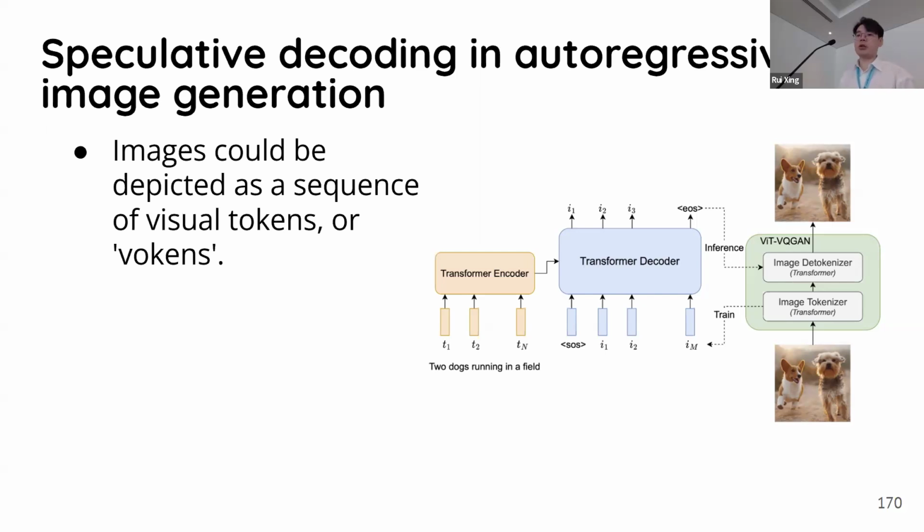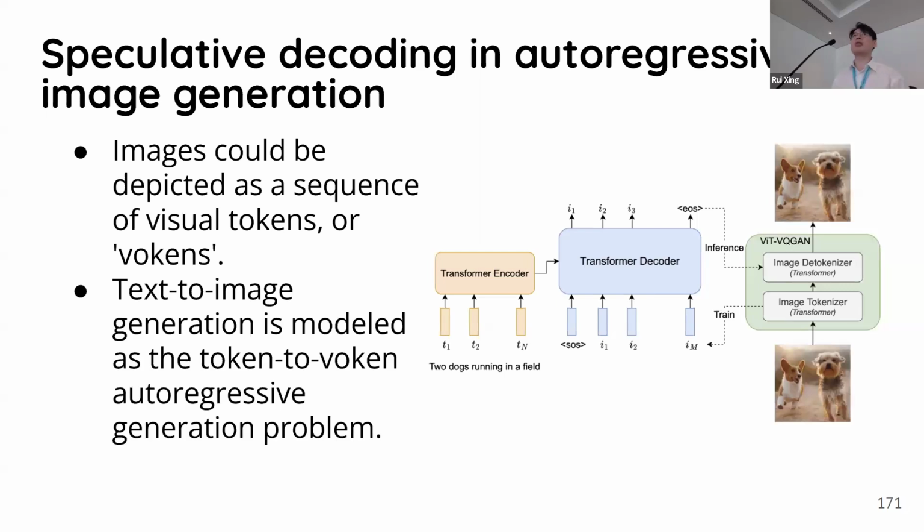So an image could be converted into a sequence of visual tokens by the image tokenizer. And conversely, a sequence of visual tokens can be transformed into an image by the image detokenizer.